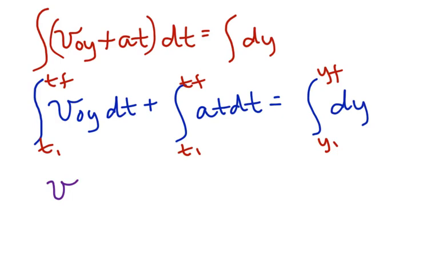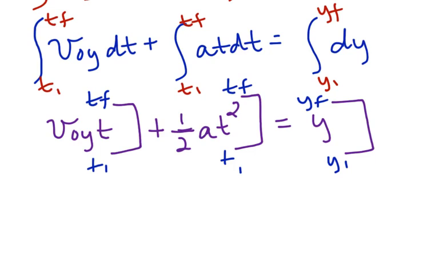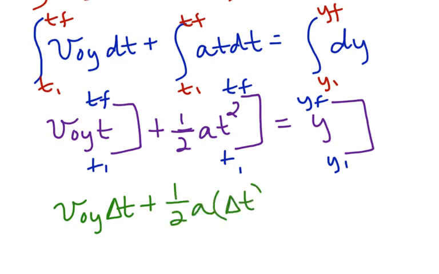So my first term will be v sub naught y t plus 1/2 at squared, and that'll be equal to y. So by evaluating, we get v sub naught y delta t plus 1/2 a delta t squared is equal to delta y. And this is the equation we wanted to use.